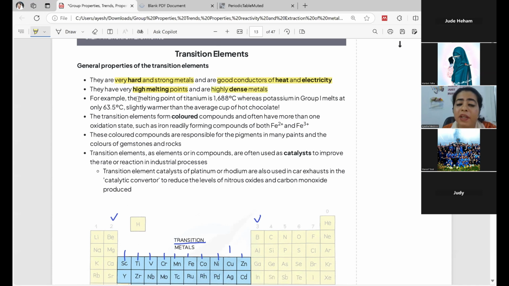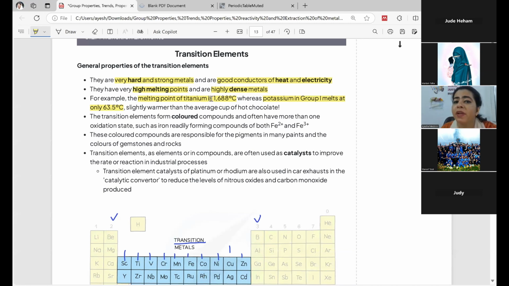For example, the melting point of titanium. Titanium is one of the transition metals. It is 1688. If we compare this melting point with a group 1 metal, potassium from group 1 can melt at only 63.5. But titanium, which is one of the transition metals, melts at 1688.